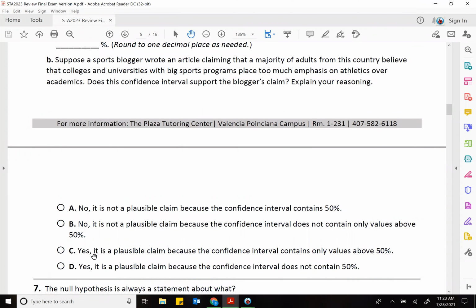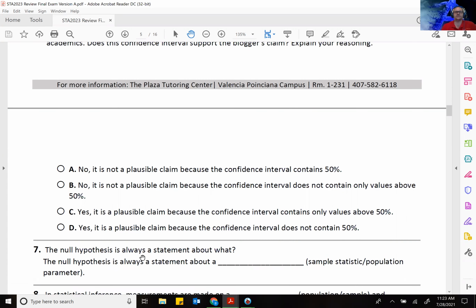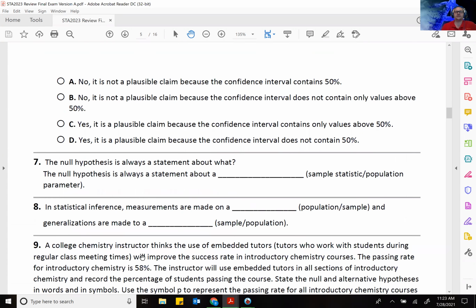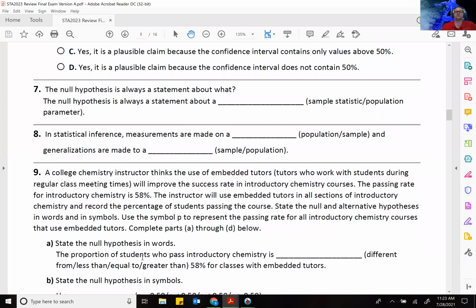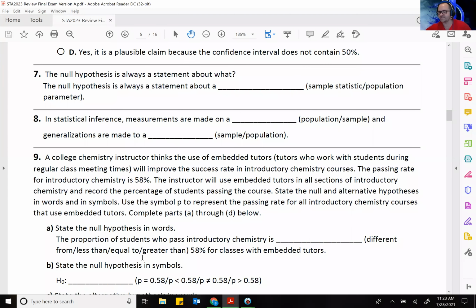In D, I can create a confidence interval that does not contain 50%, but not be a majority. For instance, if my confidence interval was 30% to 40%, it doesn't contain 50, but that doesn't mean I'm in the majority. So that's the difference between C and D. So think about these questions. Statistics is pretty much all about the interpretation.